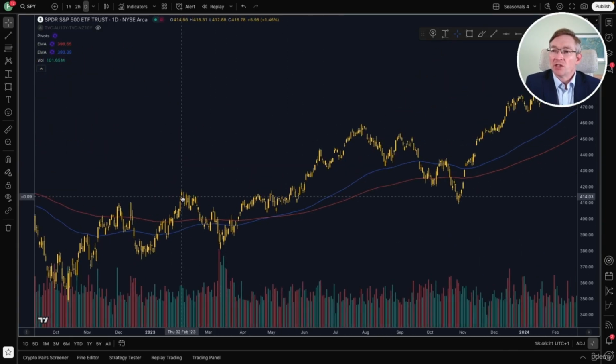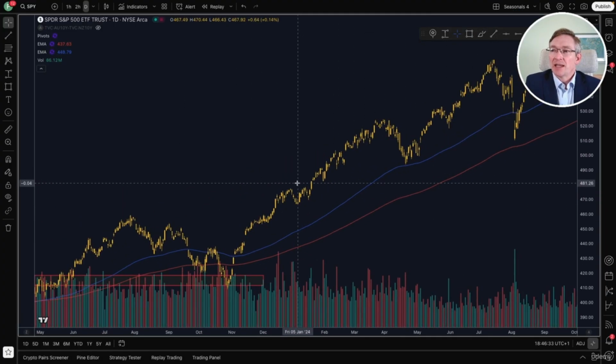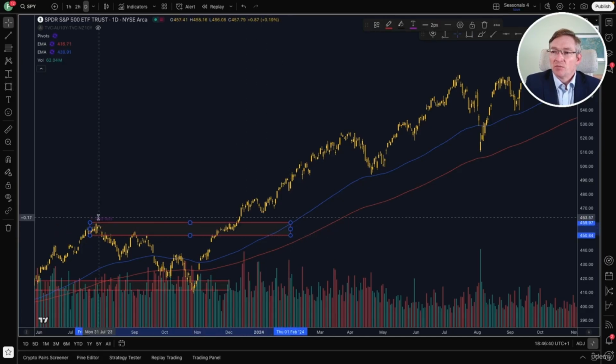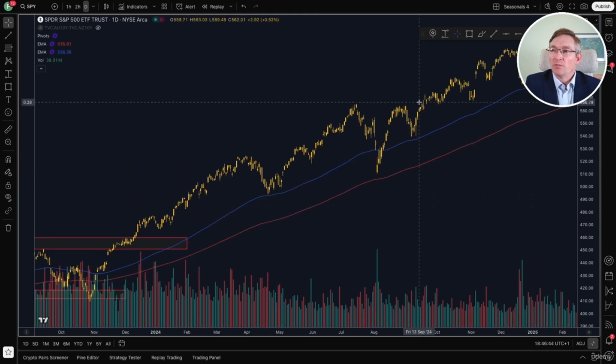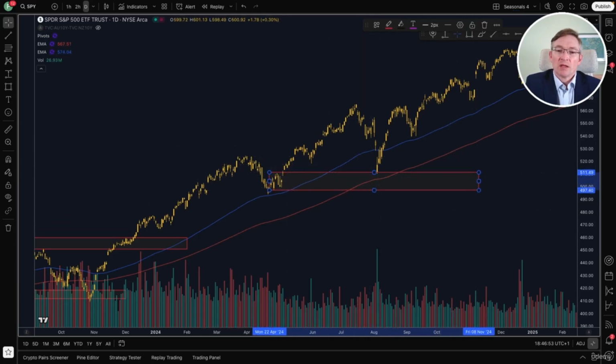You can see here resistance, resistance, ceiling, ceiling, ceiling, and look, the old ceiling becomes a new floor area. Exactly the same. Ceiling, breaks, and then it reacts as a floor level. You can see this temporary ceiling into price here. It breaks, becomes a new floor.